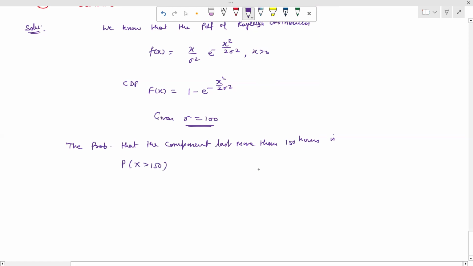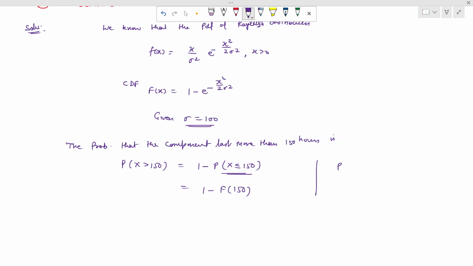This can be calculated as 1 minus probability of x less than or equal to 150, which is F of 150. When we calculate the cumulative CDF, F(x) is equal to the probability of x less than or equal to x. So this can be written directly as 150.